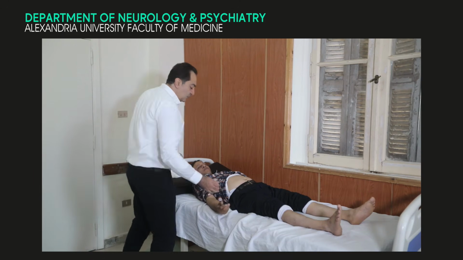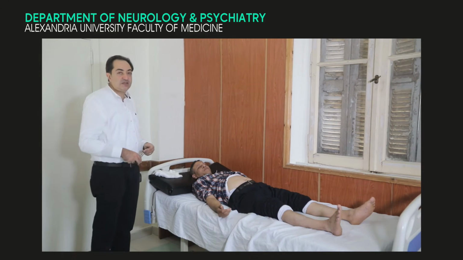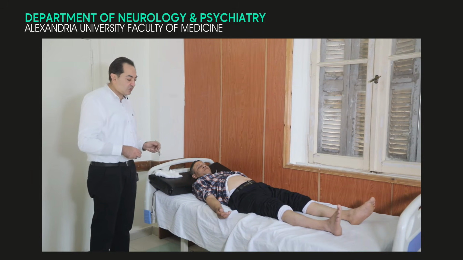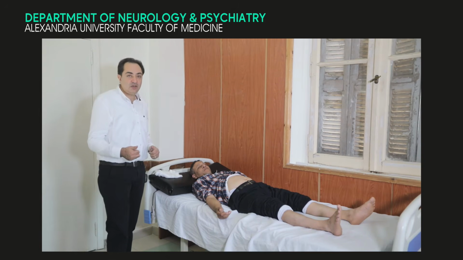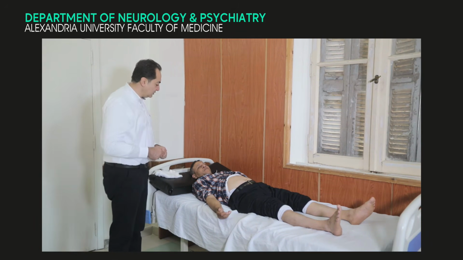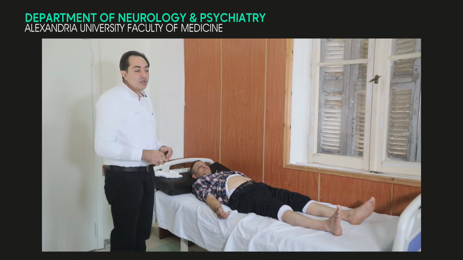So he can know the object from its texture, and this is called stereognosis, and this indicates intact cortical functions. So the cortical functions are tactile localization, 2-point discrimination, and stereognosis. At the end of the sensory examination, we should conclude what's the problem.